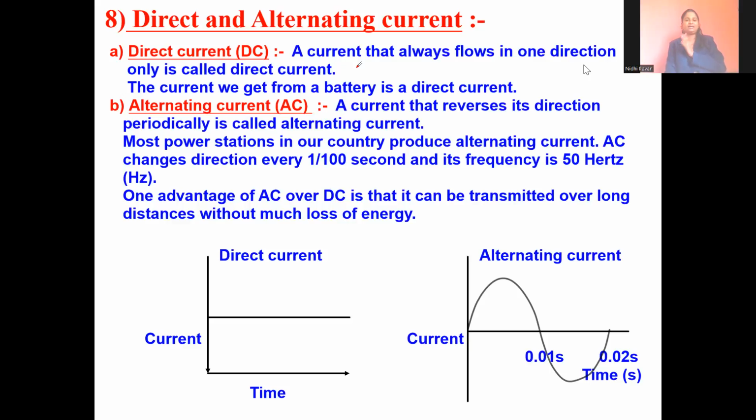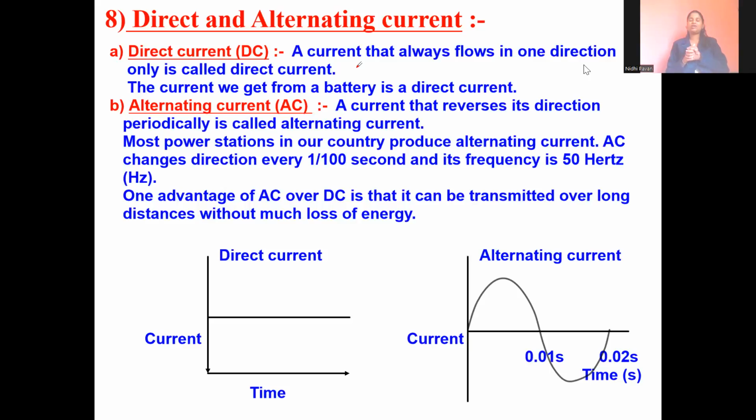Alternating current is a current that reverses its direction periodically, at equal intervals of time. Most power stations in our country produce alternating current. Power stations are where the electricity is produced.